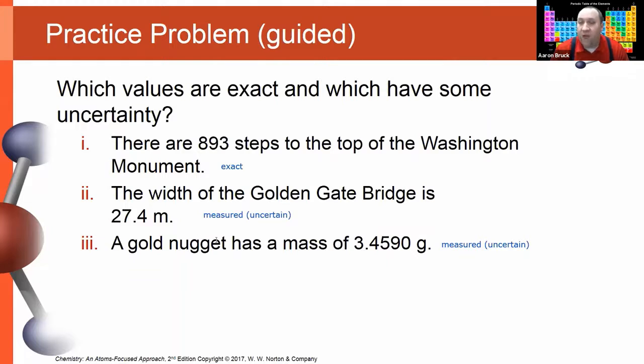But they both have uncertainty associated with them. Just because you are uncertain doesn't mean that you have doubt necessarily about the value in terms of its accuracy. Obviously, the more precision that you can measure with, the more you can trust the number.